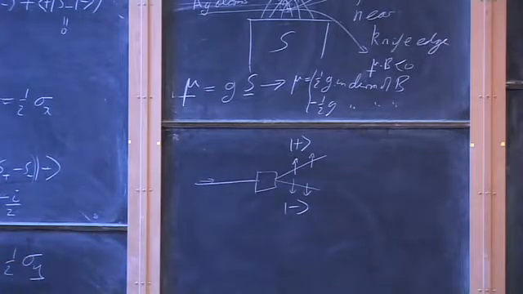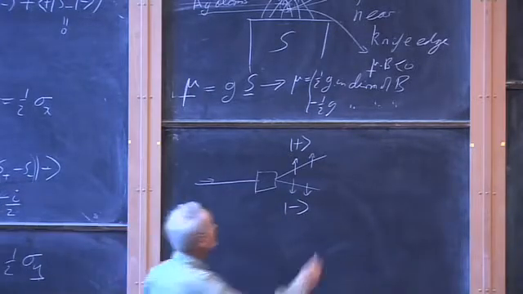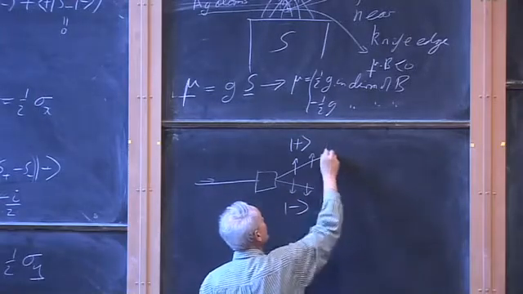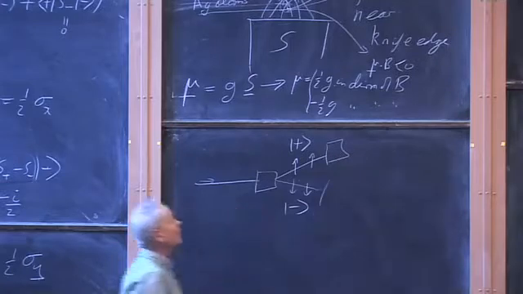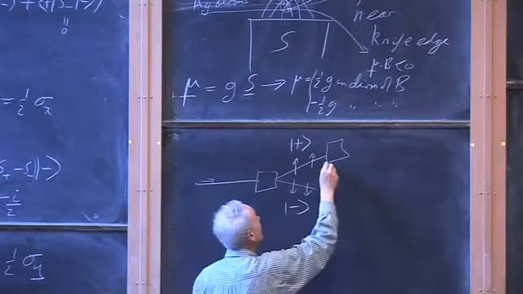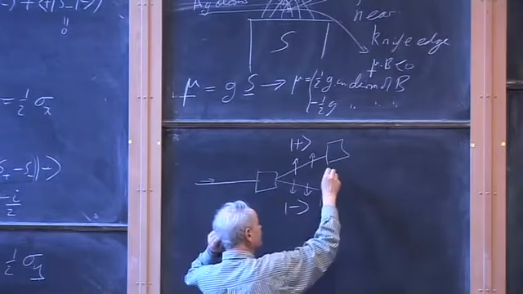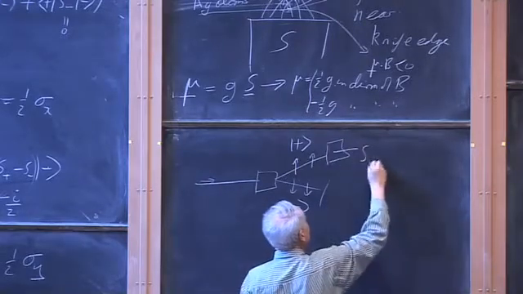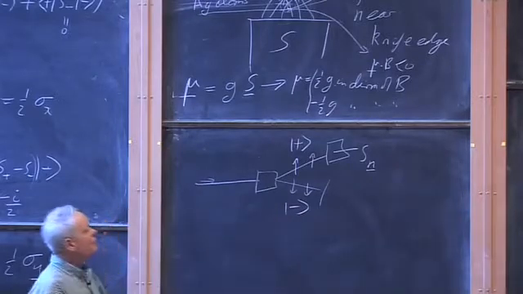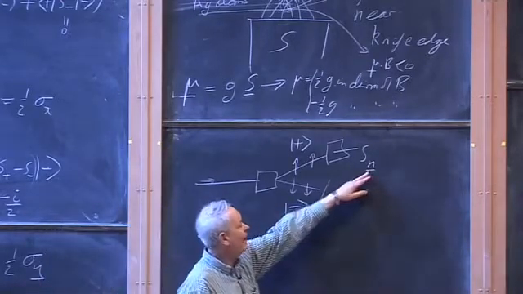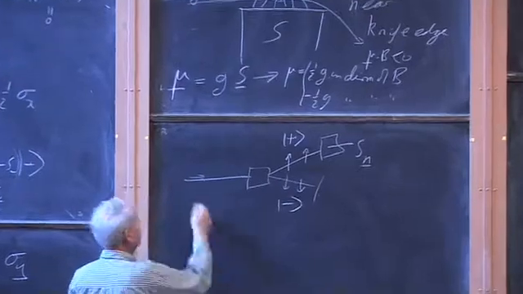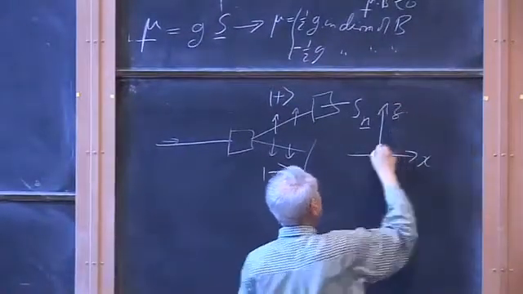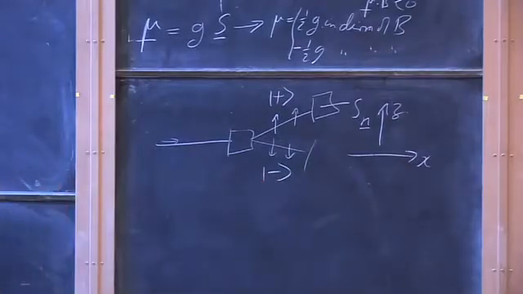And now you can play some entertaining games by installing another Stern-Gerlach filter. So let's just block these off, stop them being a nuisance. Stick in another Stern-Gerlach filter here, and now let's measure S sub n. So let's measure the spin along some unit vector n, and we're going to have this to be the x direction, this to be the z direction, and the y direction will have to be out of the board, all right?